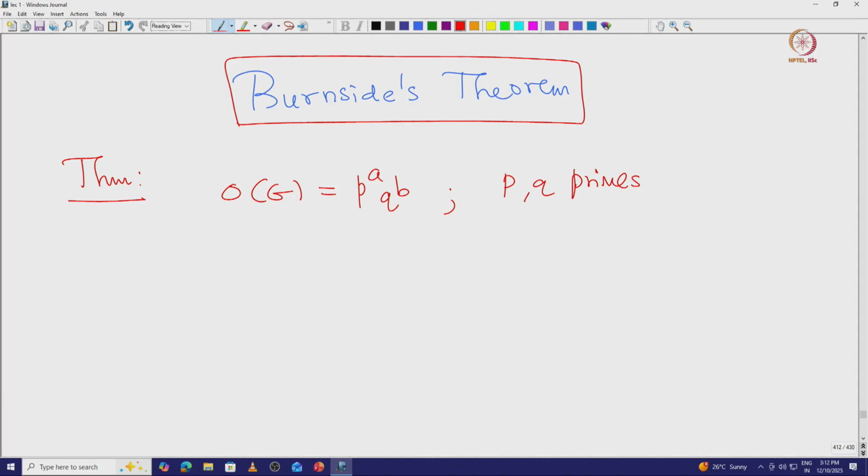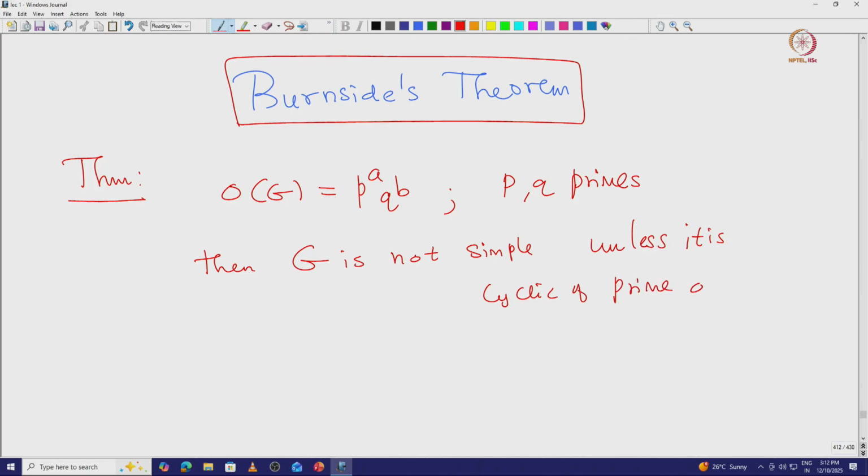Then we can conclude that G is not simple unless it is cyclic of prime order. We all know that the group of prime order p is cyclic and it is simple. Simple means it does not have any non-trivial normal subgroup.